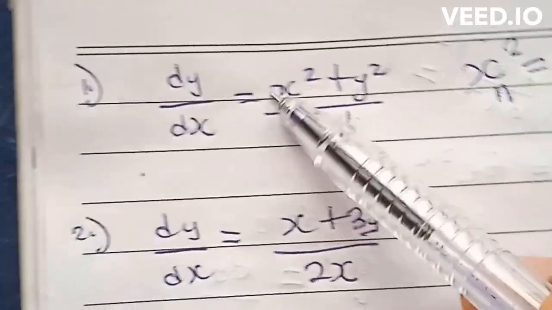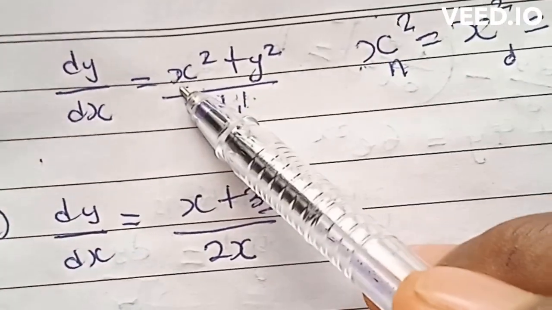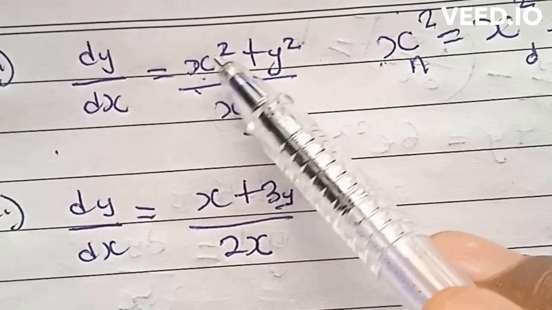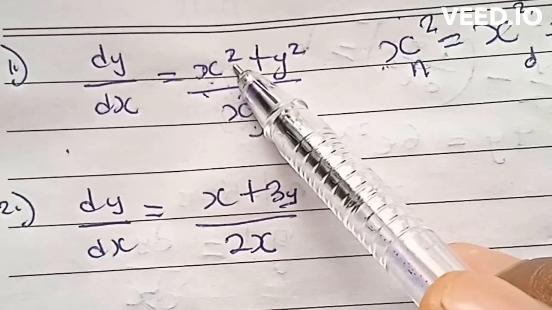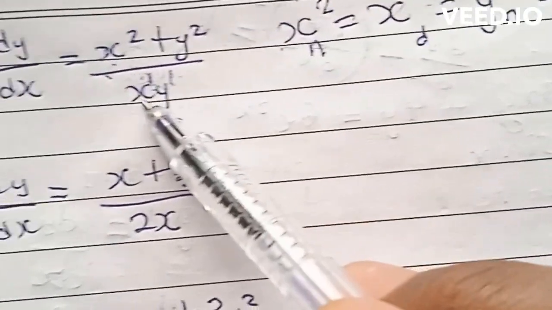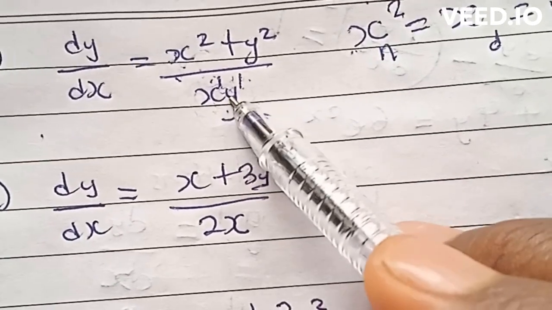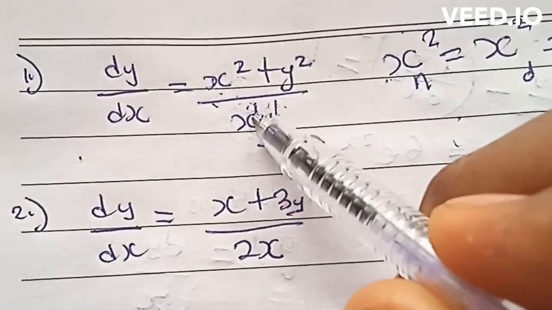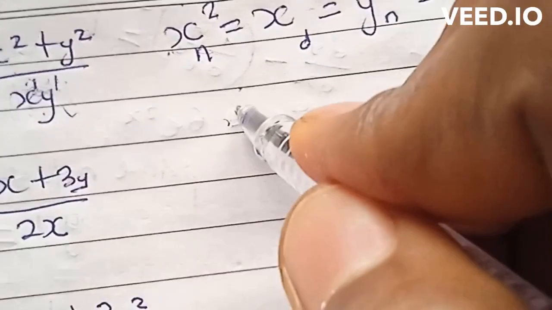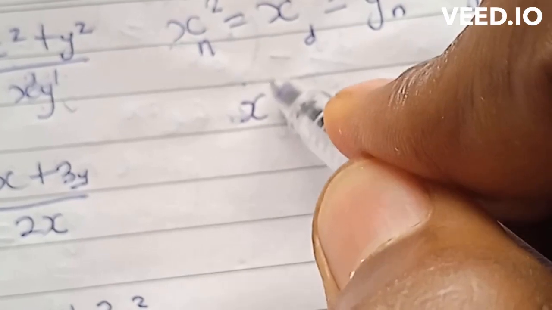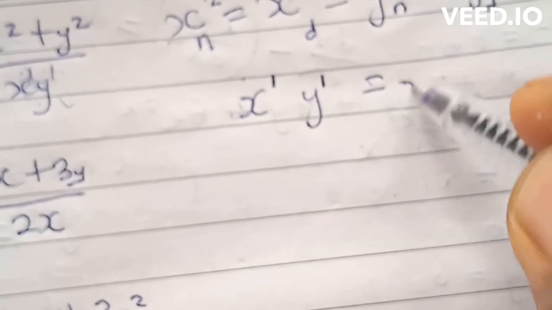For example, in this equation, we say that it is homogeneous. Reason because x has a power of 2 at the numerator, and at the denominator, remind you, x has a power of 2 and y has a power of 2 because x and y are married here. When they were single before, they had a power of 1 each, but they are multiplying each other.